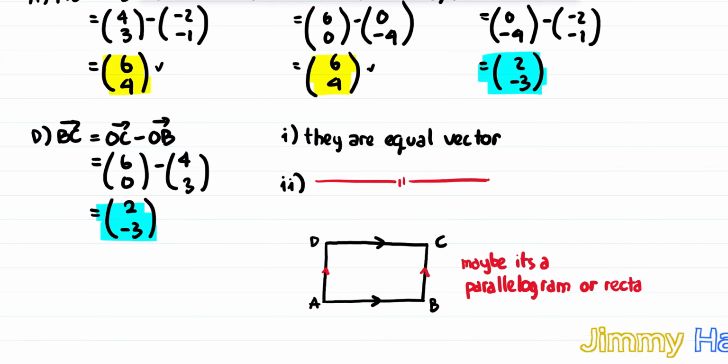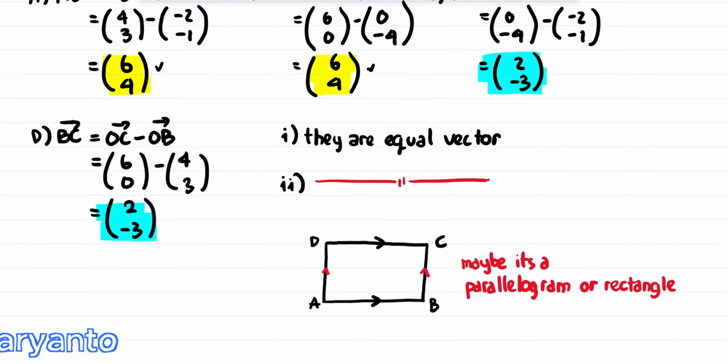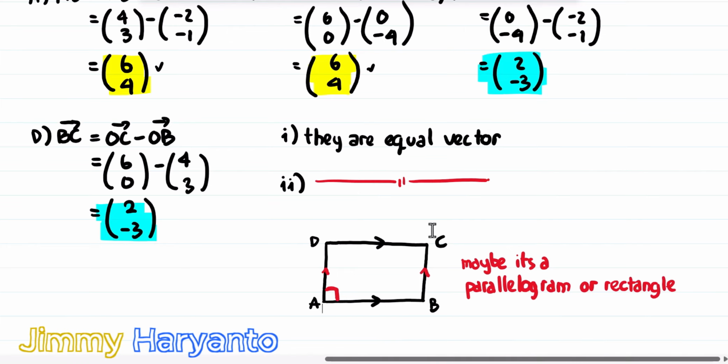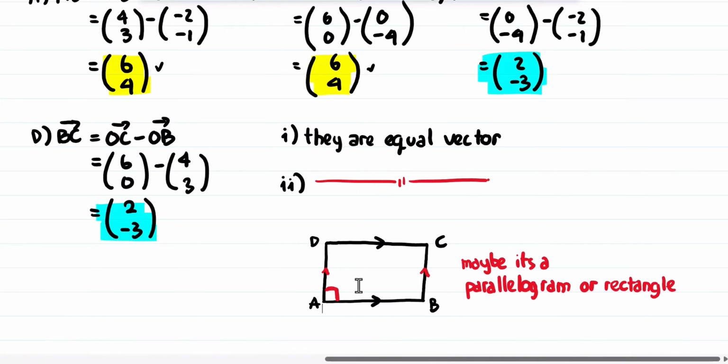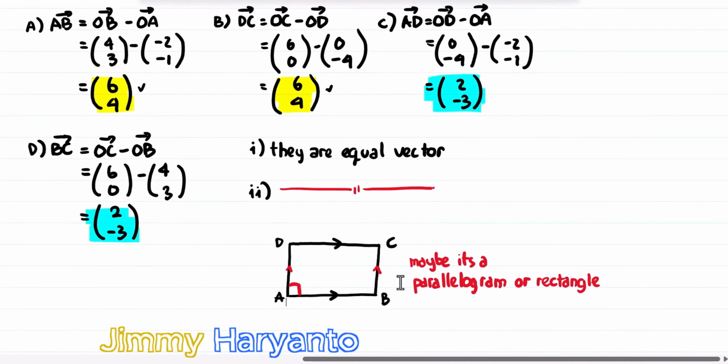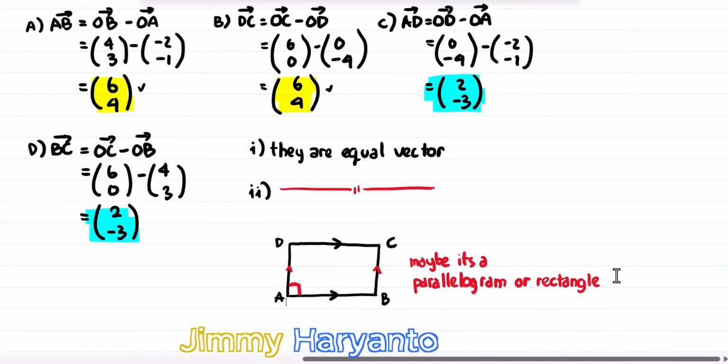Yeah, I cannot say which one is exactly the shape, because we don't know the angle. Yeah, we have not learned how to find the angle at this point. So I can just tell that it's either a parallelogram or rectangle. Yeah, or maybe it's a rhombus.